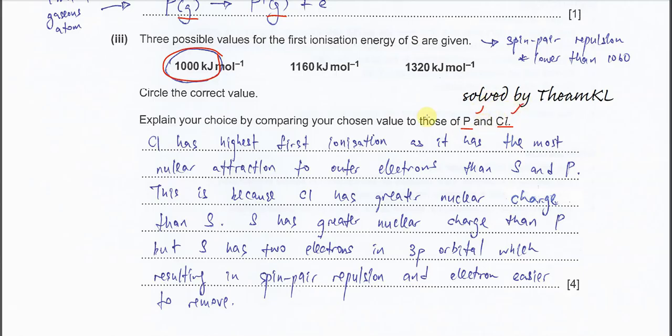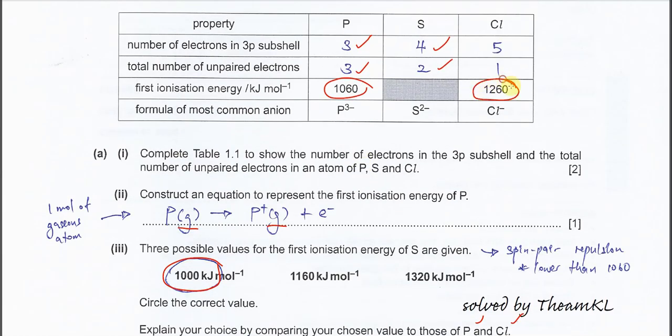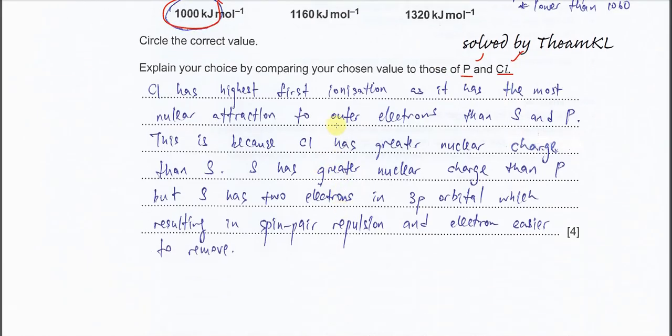That's what they need. If we want to discuss chlorine, chlorine in the table has 1260 kilojoules per mole, so it has the highest first IE. What is the reason? You just explain like this. Chlorine has the highest first IE because it has the greatest nuclear attraction to the outer electrons compared with sulfur and phosphorus.